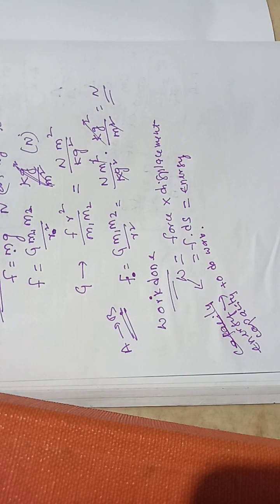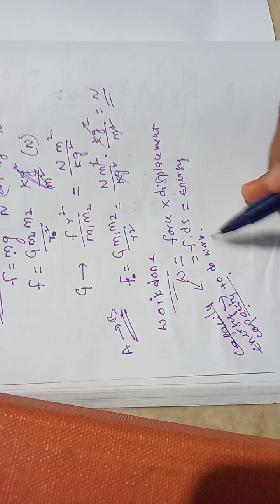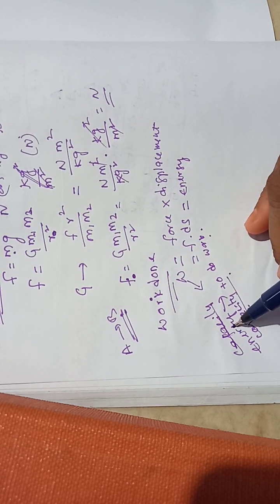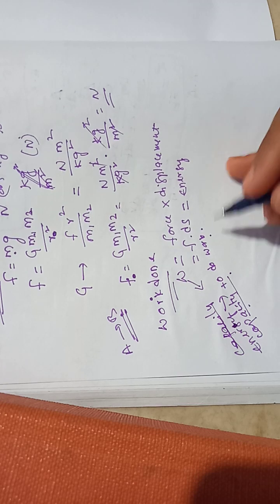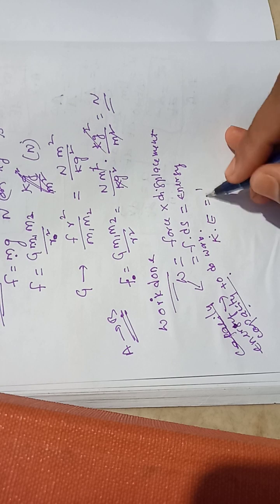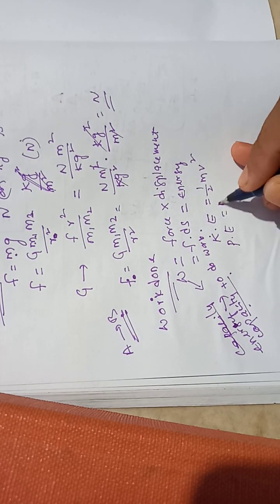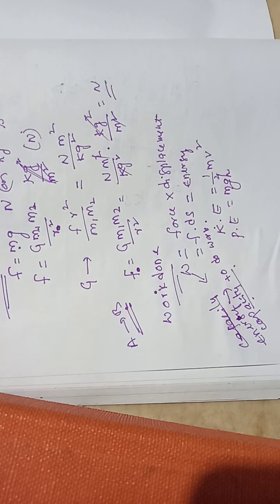Why will we take work done equivalent to energy? Because the capacity to do work, we call it energy. Now this energy will be either kinetic energy, which is half mv square, or potential energy, which is mgh.